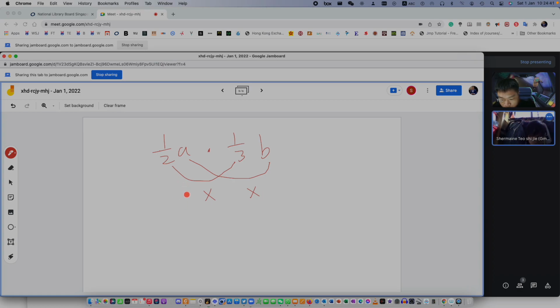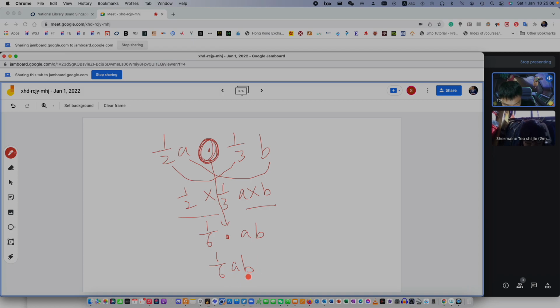Okay, good. So you will end up with this. Can you see? Once you get this, this is 1/6. This is AB, right? And then the times is here. So you bring it down, and you will end up with 1/6 AB.